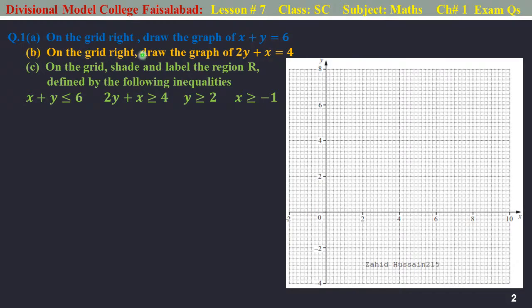B part, on the grid right, draw the graph of another equation. On the grid, shade and label the region R defined by the following inequalities.